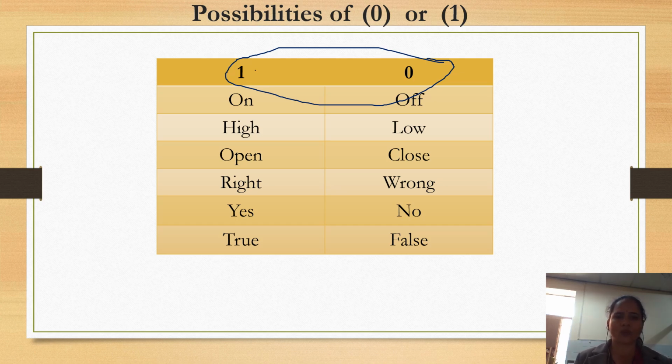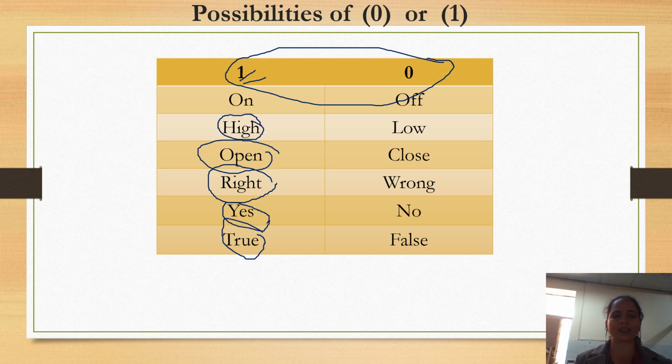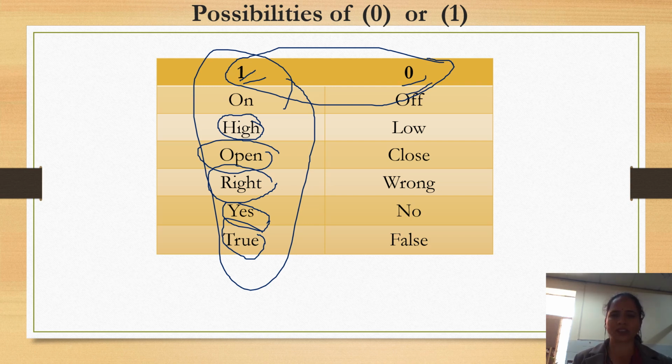1 represents the on situation, or we can say high voltage, the circuit is open, right, okay, yes and true. If these are the states, then the circuit is treated as 1. And if the bit representation is 0, then we call it off mode, low voltage, closed circuit, wrong, no, or false.